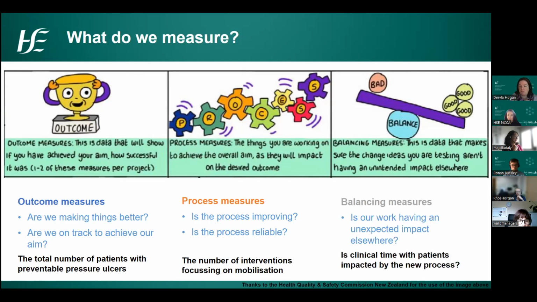And your balancing measures cross-check the consequences of change in the system for both a positive and a negative. Sometimes people feel they've heard about balancing measures maybe only in the negative, but you can have a positive balancing measure as well. Your process measures are usually leading, while outcome measures are usually lagging.